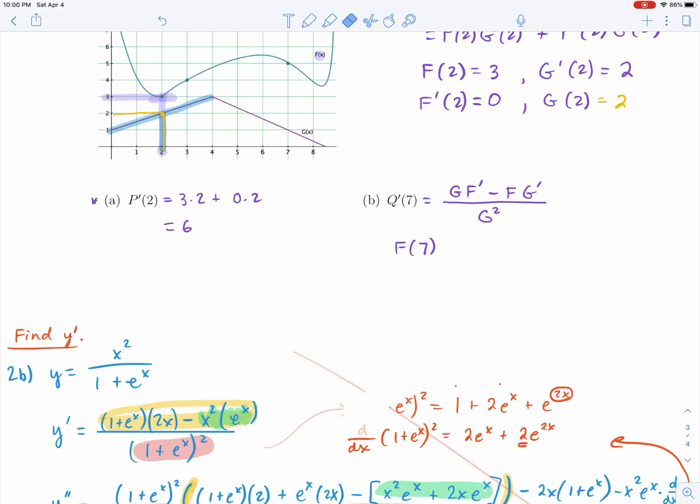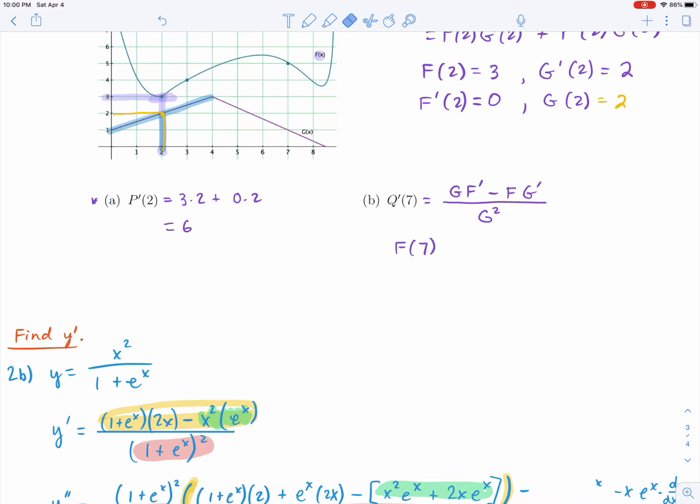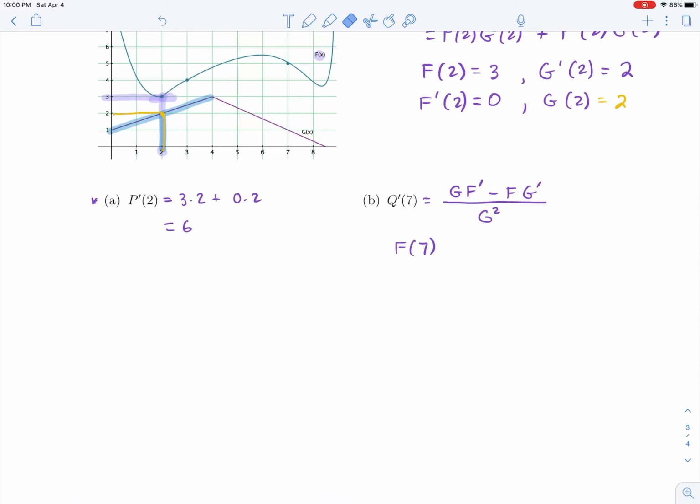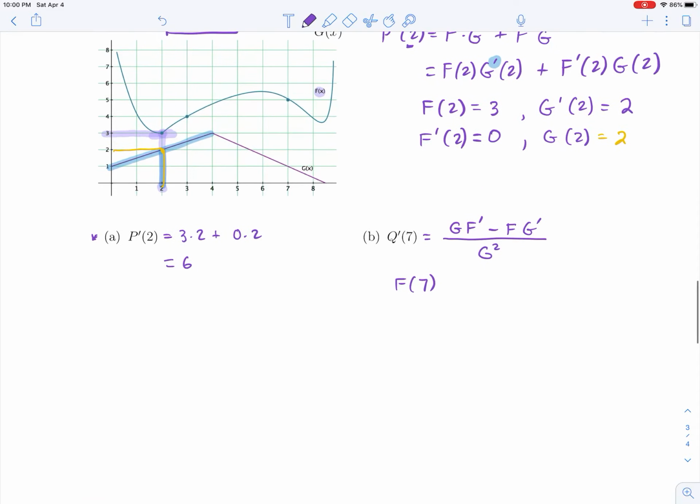This was from earlier. Oops, sorry. Okay, so we need g of 7. You should get 5. That's from looking at 7 and then going up to g and then noticing that that's 5.